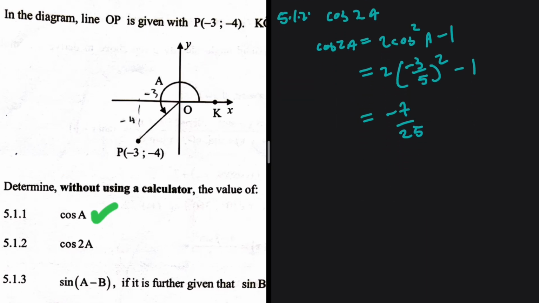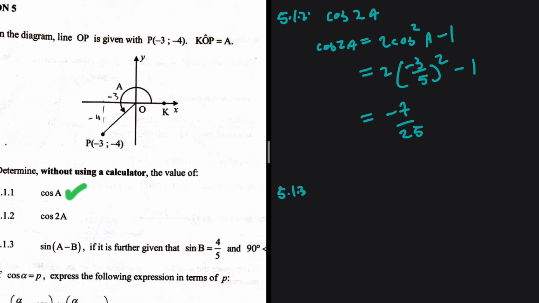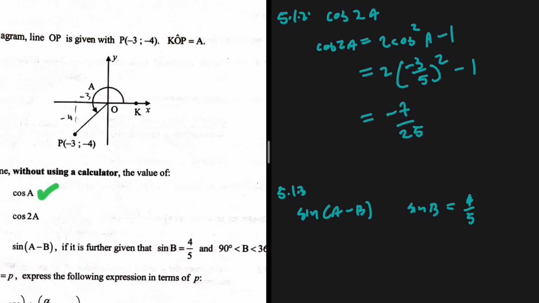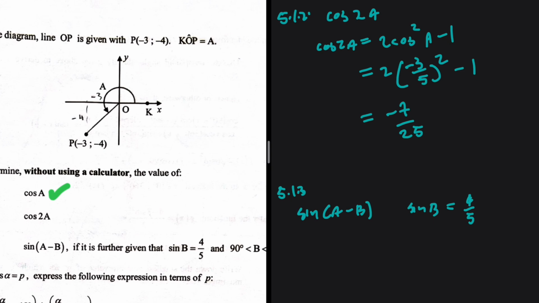Okay. And then the question that follows, 5.1.3, we are determining the value of sine of A minus B if it is given that sine of B is equal to 4 over 5, where B lies between 90 and 360. Okay, so let's take a look.